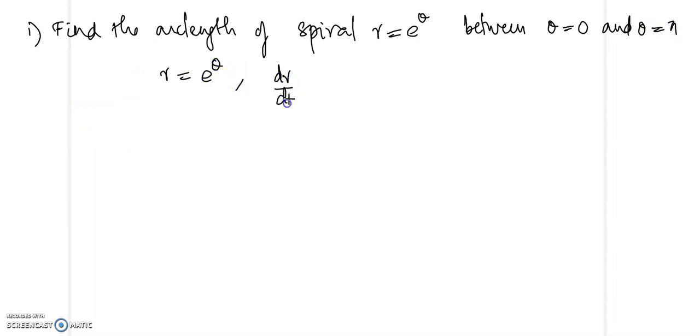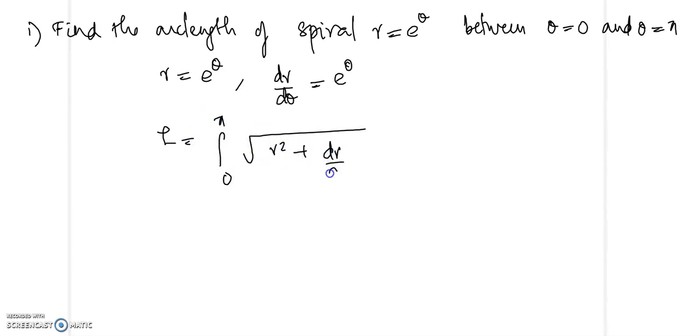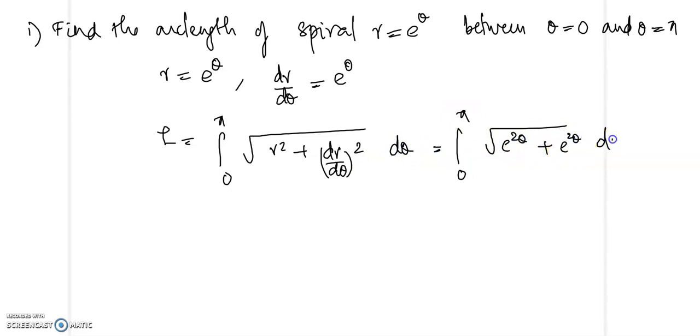Again dr by d theta is also e raised to theta. So L will be integral 0 to pi root of r square plus dr by d theta whole square d theta. So that is integral 0 to pi root of e raised to 2 theta plus again e raised to 2 theta d theta.